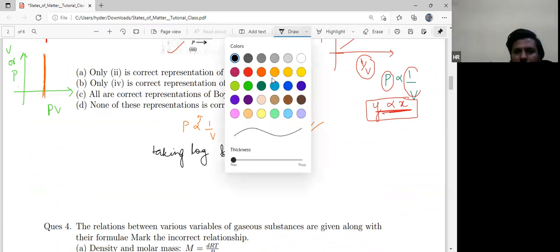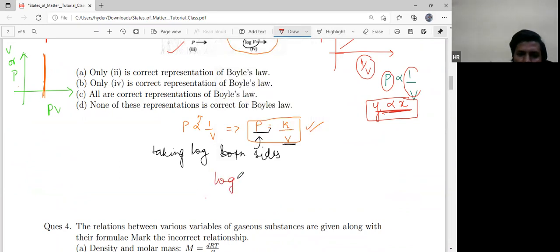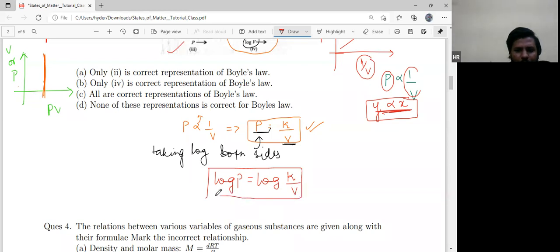So it will be log P equals log K by V. In mathematics, we can multiply and divide, and we can add or subtract on the left hand side and on the right hand side with the same number. Is that okay? Yes, sir.